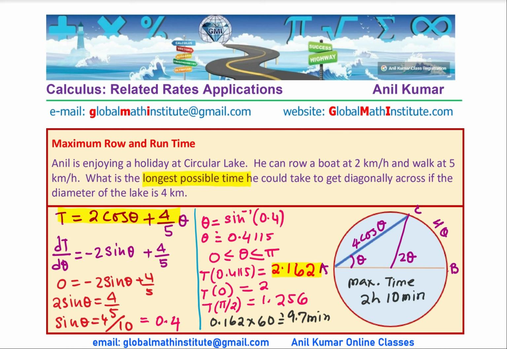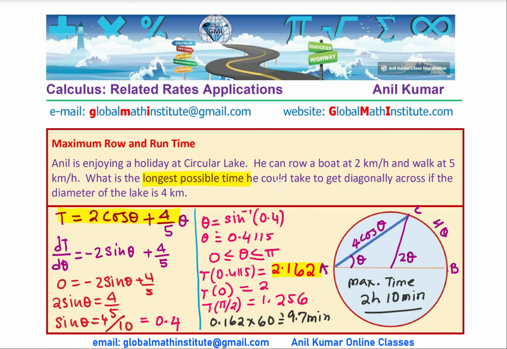Is that clear to you? So that becomes the answer for this particular question. You can see how we have done it. The idea was to relate all the distances in terms of theta. So we have 4 cos theta as this diagonal across A to C, and the walking distance r theta, which gives us 4 theta, 2 times 2 theta.